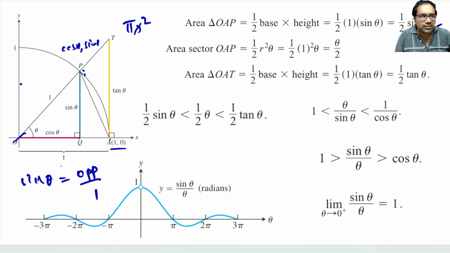The entire circle is 2 pi radians. What is the area? Pi r square, and r is 1. So for 2 pi radians, the area is pi. Now for theta radians, how much will it be?